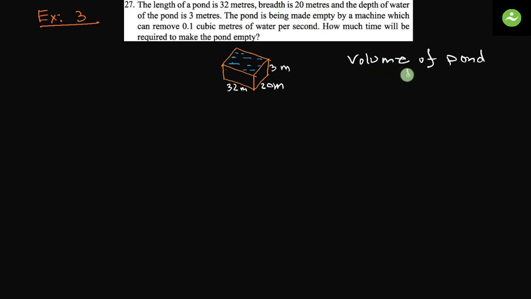And when we get the volume of pond, from that volume we can easily find the volume of water. We need the volume of water because we have to empty the pond. Here it is given 0.1 cubic meter is removed in 1 second.